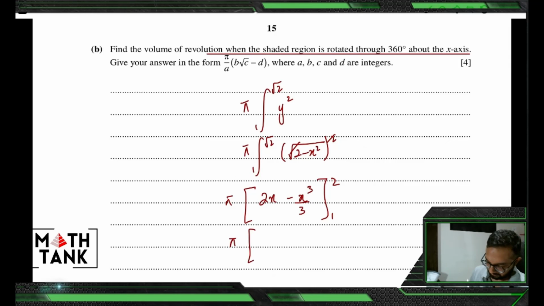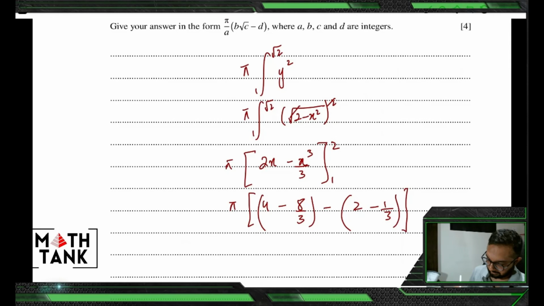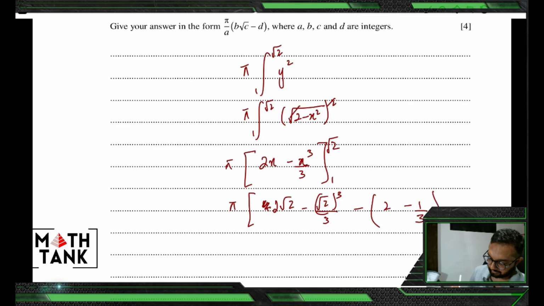Pi, so let's do this. 8 over 3 minus 2 minus 1/3. Oh, that was root 2. Sorry, my bad. That's root 2. So 2 root 2 minus root 2 cubed over 3, minus 2 minus 1 over 3.